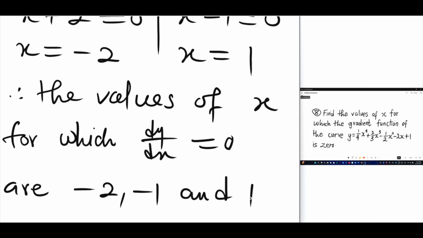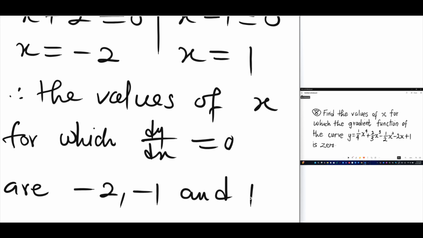Find the values of x for which the gradient function of the curve is equal to 0. So we know the gradient function to be dy dx. That's the derivative of the given function. And they have a condition that it is equal to 0. So you just equate it to 0. Then you solve for the x value.